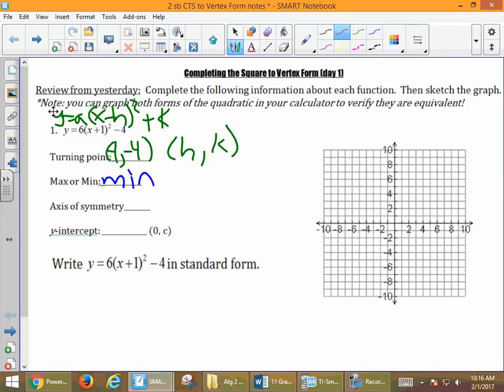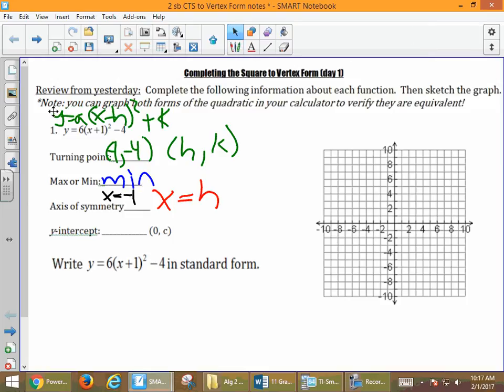And then how do we remember the equation for the axis of symmetry? The equation for the axis of symmetry is always going to be x equals h. And so what's our h for this problem? -1. So our equation for our axis of symmetry is going to be x equals -1.